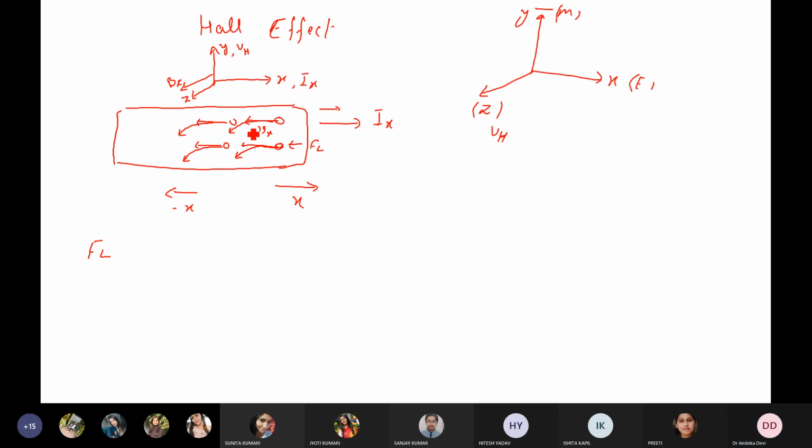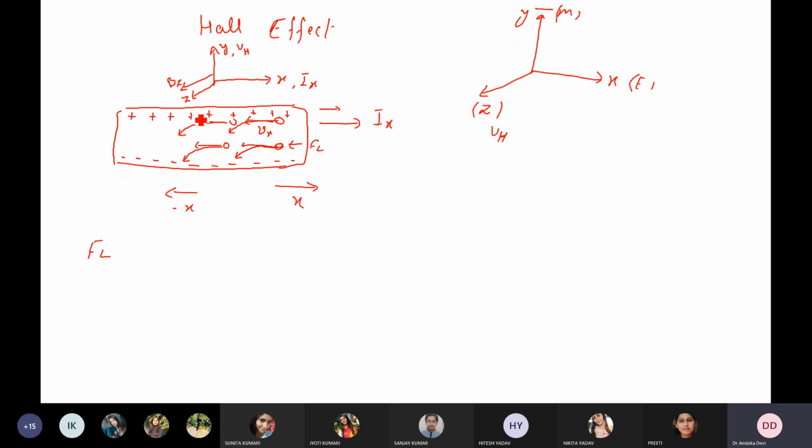So as a result, the electrons accumulate on the lower surface. There will be accumulation of the electrons on the lower surface of the specimen, right? And as a result of more concentration of electrons downwards, a positive charge is developed on the upper surface of the specimen, right?